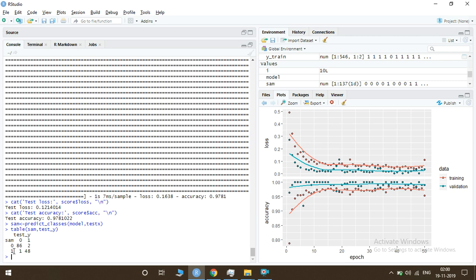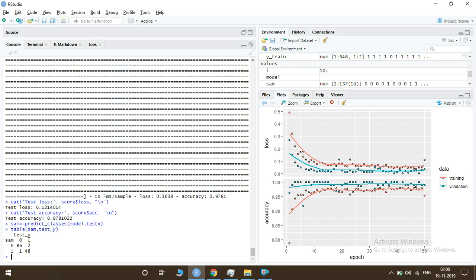Going on to the next category, there was just one instance where our model said that it's a malignant cancer, whereas the test data set shows that it was a benign cancer, whereas 48 were the number of instances where our model thought it's malignant cancer.